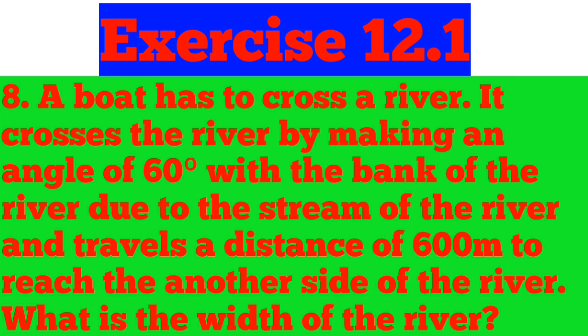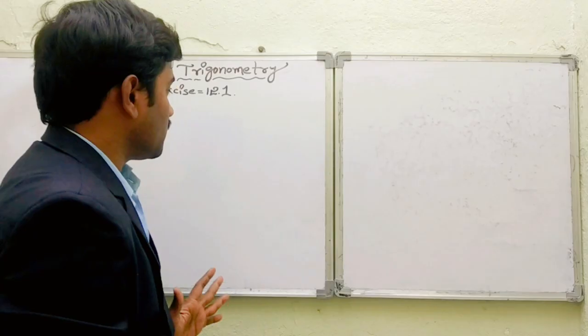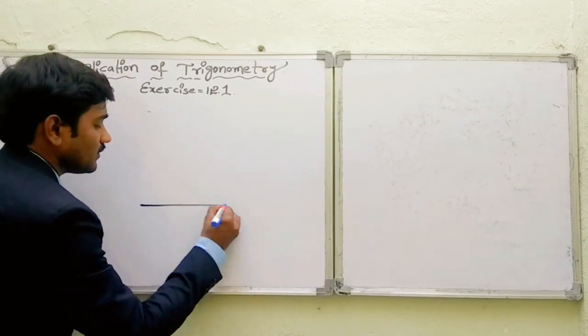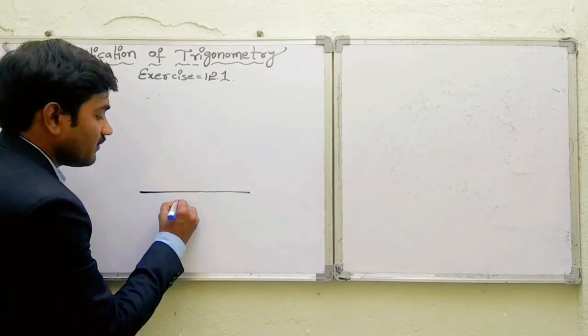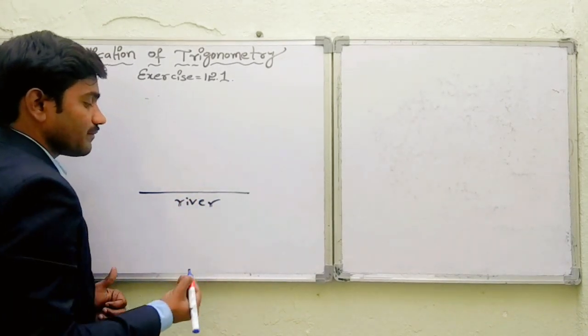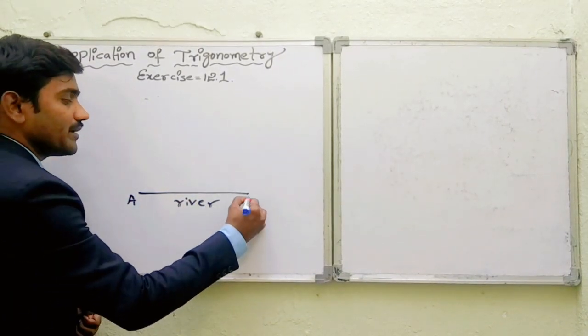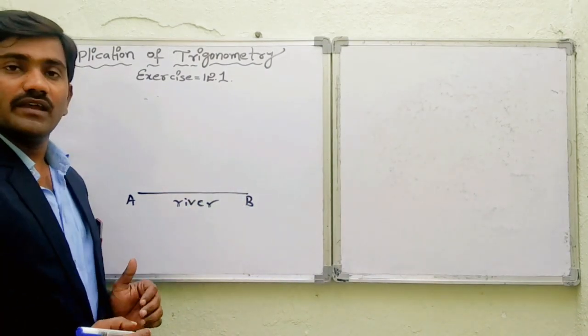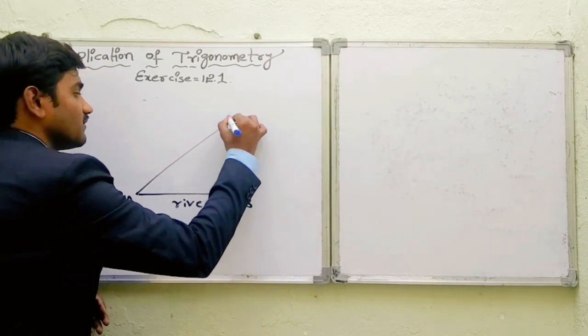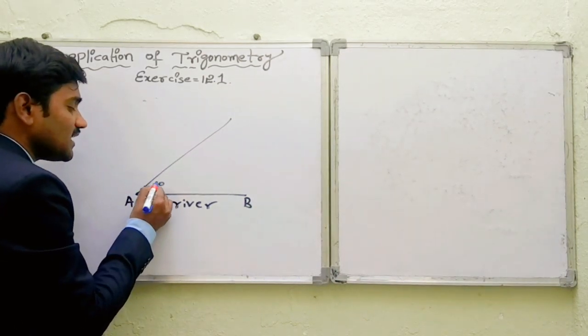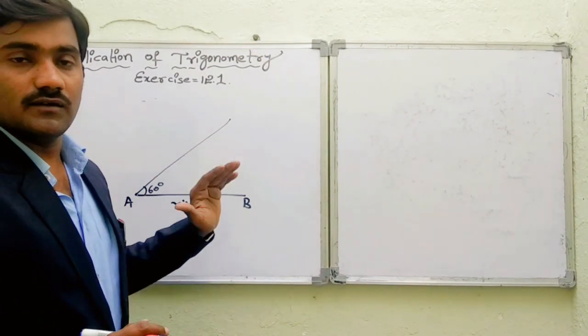Let me draw the diagram of this question now. Suppose this is a river, and AB is the river. The boat was to cross the river, making an angle of 60 degrees due to the streams.